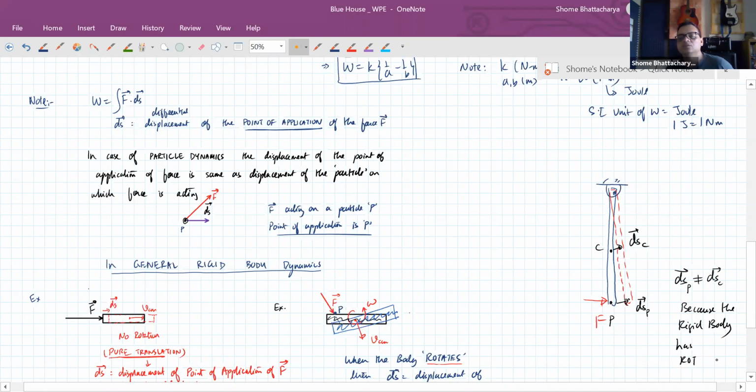So whenever there is rotation involved, which will come in the later chapter of rotational mechanics, but you should understand it from the beginning, wherever there is rotation involved, the point of application will not have the same displacement as the center of mass. So please make a note of this point first.